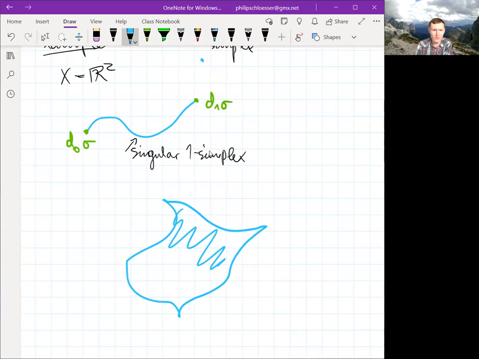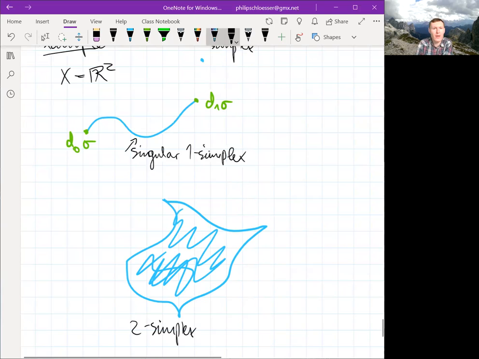So this thing here is a singular two simplex. And I guess we can again define whatever boundary things we want to be the faces.